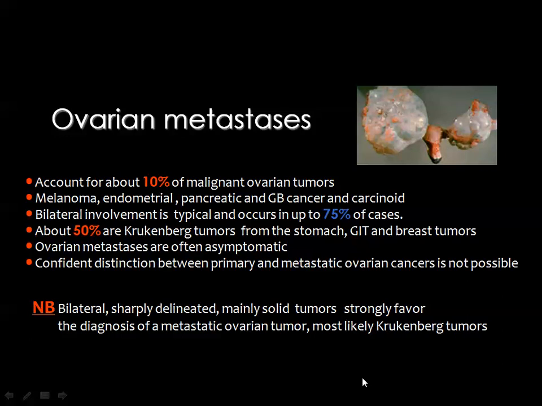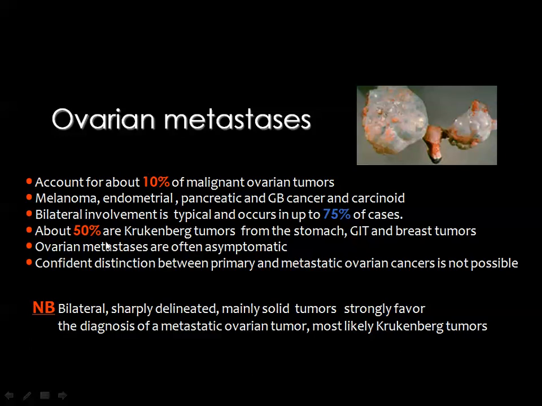The metastases to the ovaries account for 10% of the malignant ovarian tumors. They are usually of gastrointestinal origin sometimes, but melanoma, endometrial carcinoma, pancreatic, gallbladder, and gastric carcinomas may produce this type of metastasis, and bilateral involvement is typical in about 3/4 of the cases.